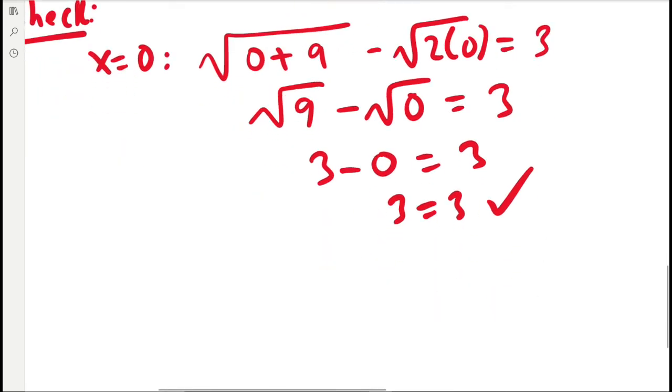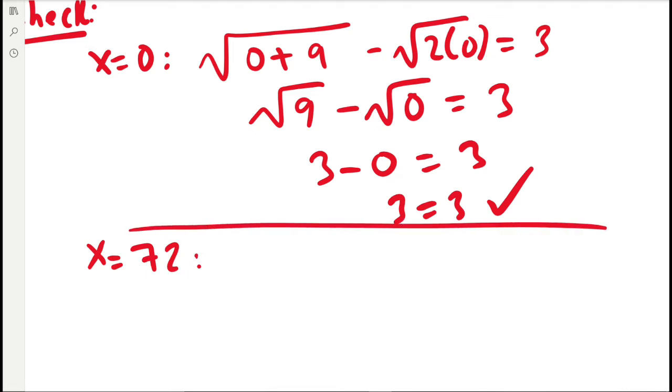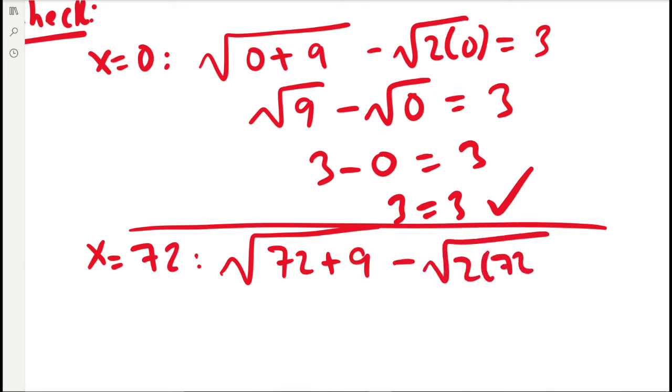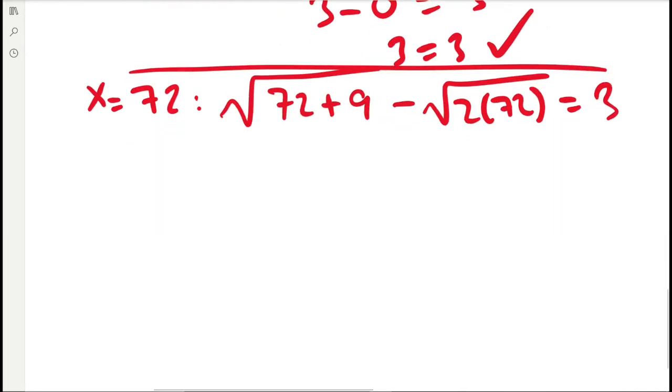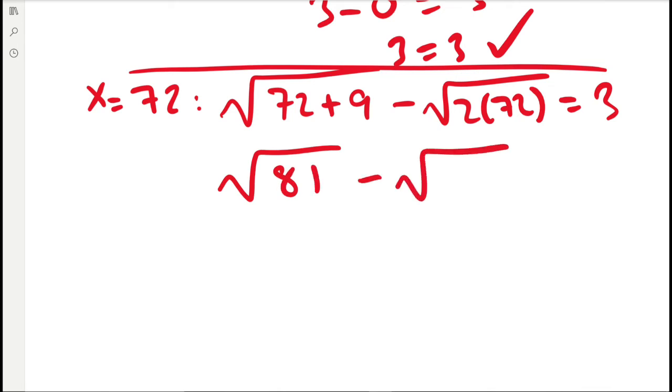All right, let's check out x equals 72. So we have the square root of x plus 9 minus the square root of 2x equals 3. So we have the square root of 81 minus the square root of 144 equals 3.